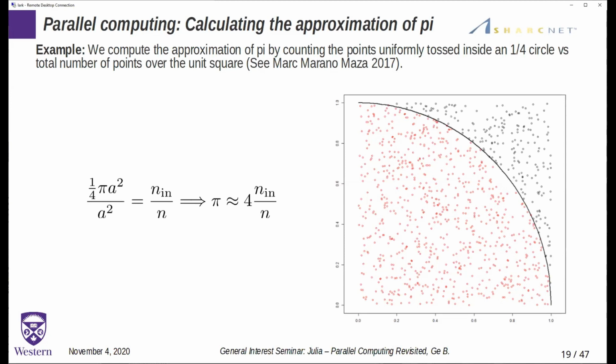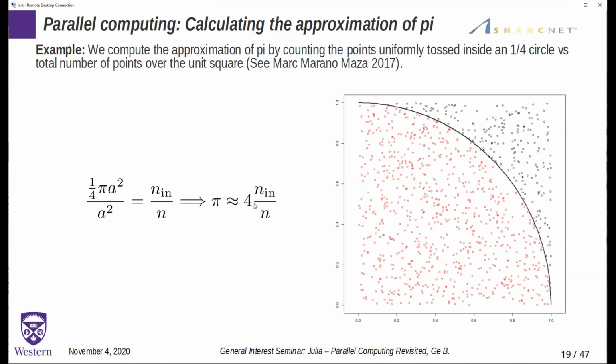We just count the number of points inside the circle and on the circle, versus the total number of points, and this will give us an approximation to pi. This formula shows that: we just count the ratio of the number of points inside versus the total number of points, multiplied by 4.